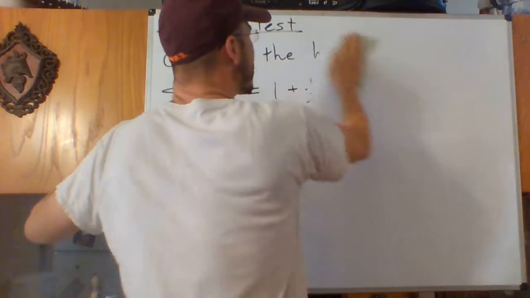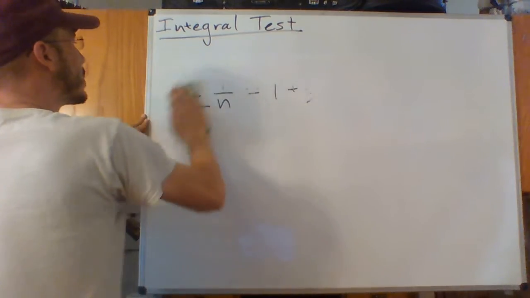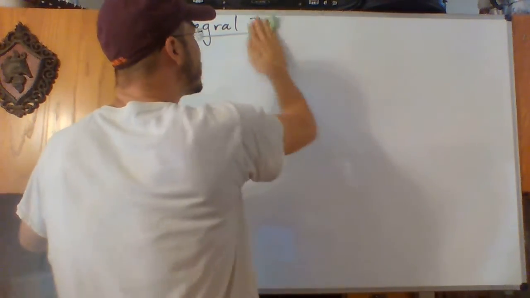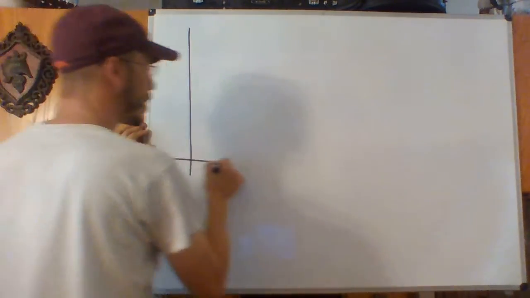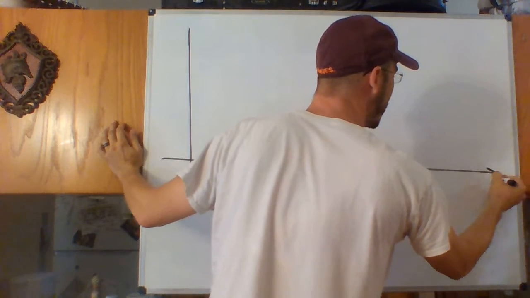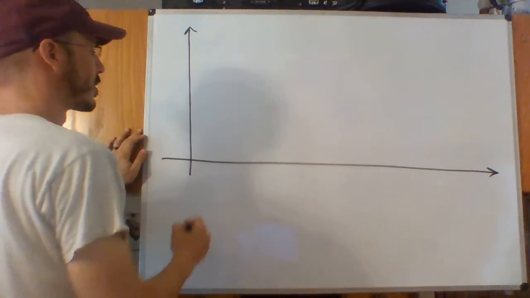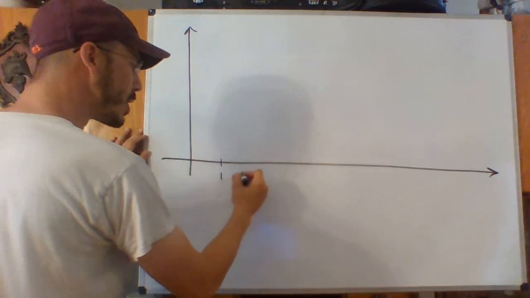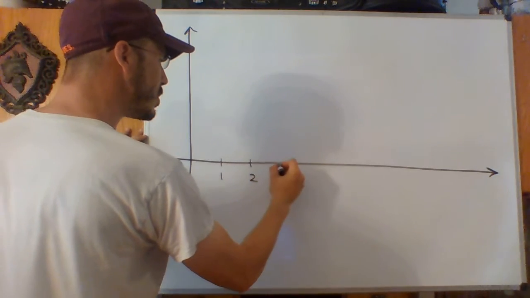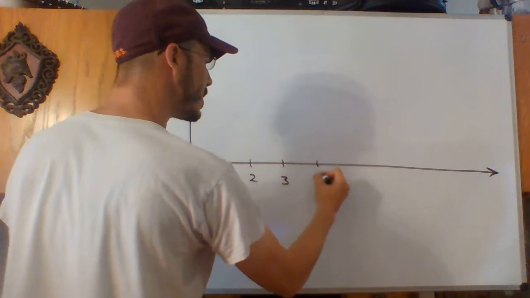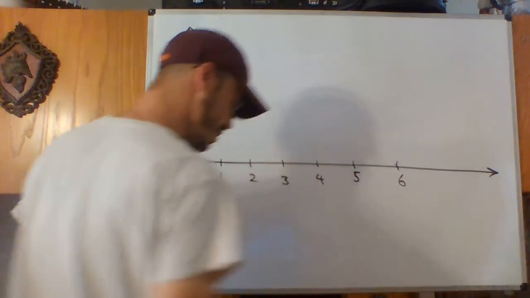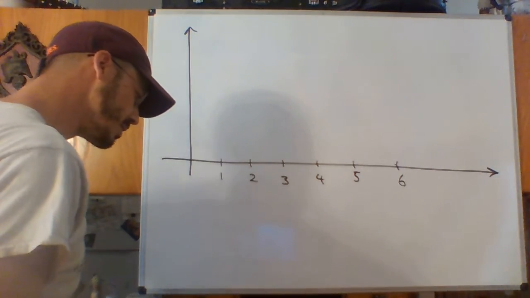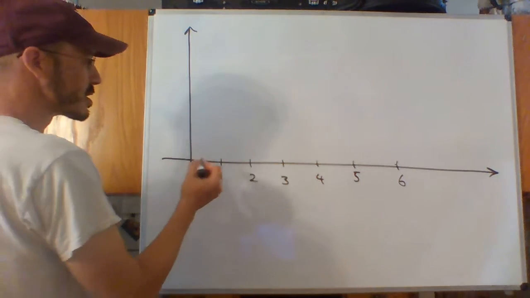Think of the harmonic series as a bunch of individual numbers that we're adding together. And I'm going to write them on a graph where I'll start with 1, 2, 3, 4, 5, 6. That's probably enough. And I'm going to make squares here.